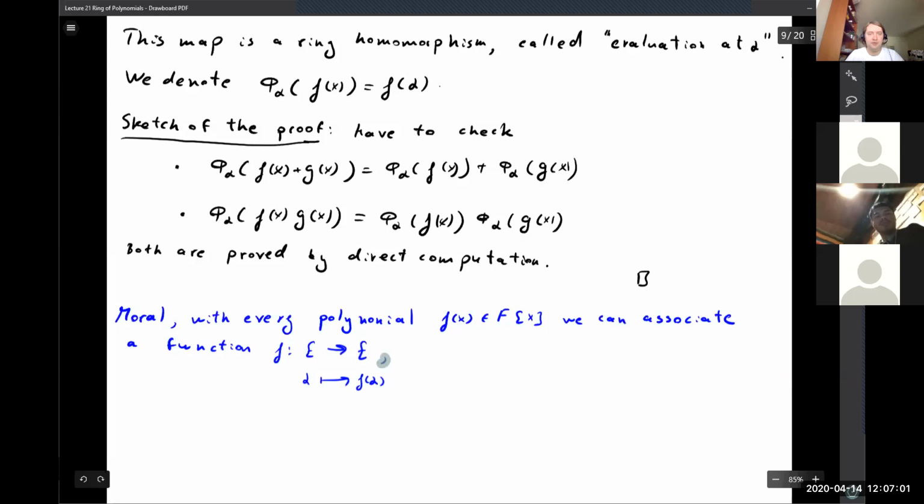Now here's an important point. Different polynomials might define the same function.